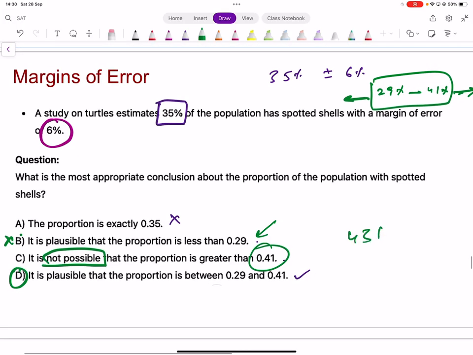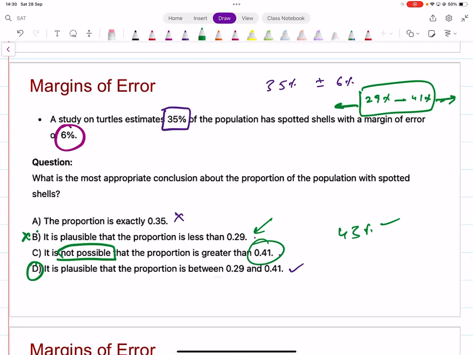It is possible that the actual proportion becomes 43%. We are saying it's unlikely because it's likely to be between 29% and 41%. And it's unlikely that it will be beyond those percentages, but it's still possible because you have just taken a sample. It is possible that the actual proportion is beyond what you have estimated.